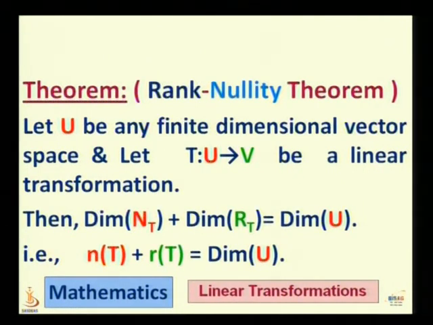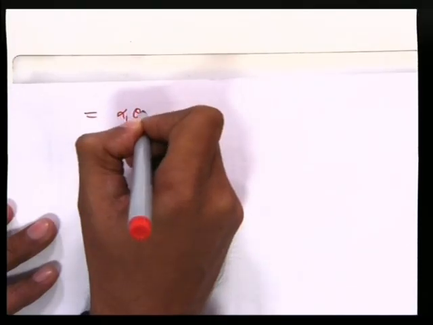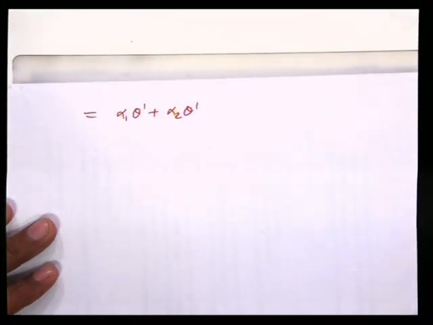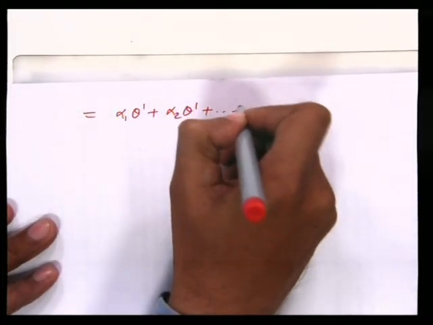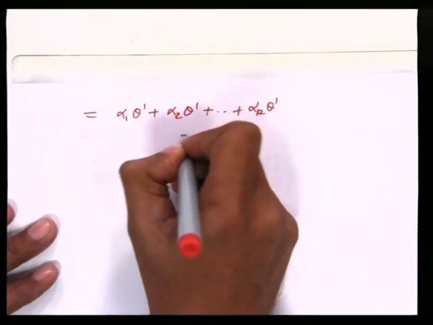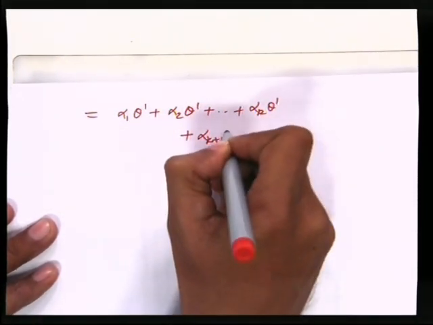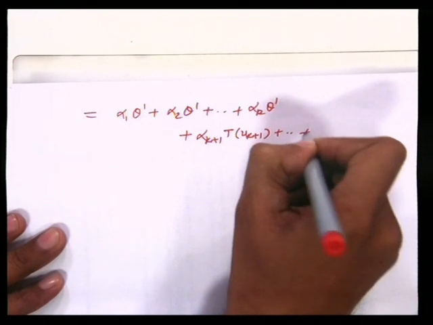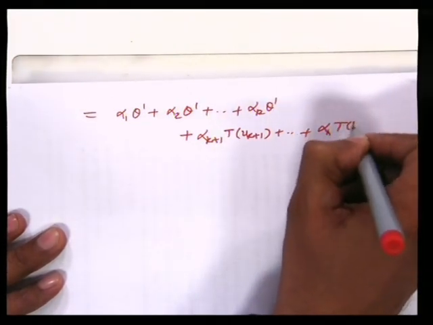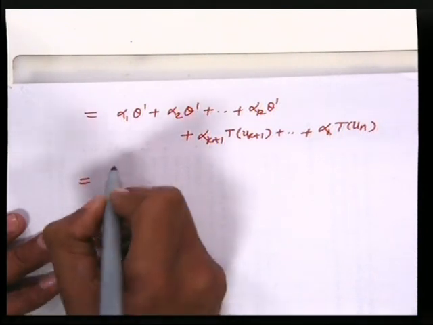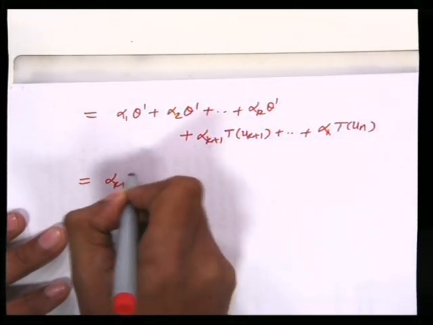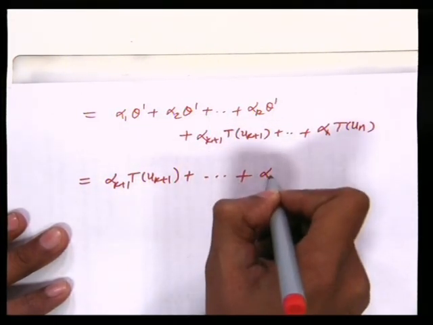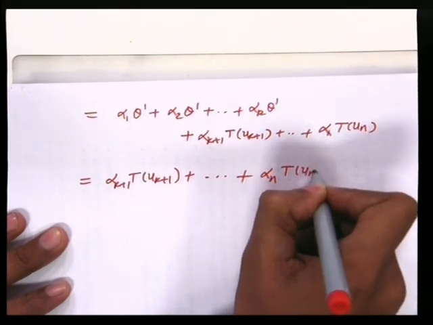So this equals alpha 1 times theta dash plus alpha 2 times theta dash plus up to alpha k times theta dash plus alpha k plus 1 T of uk plus 1 plus up to alpha n T of un. So this gives alpha k plus 1 T of uk plus 1 plus up to alpha n T of un.